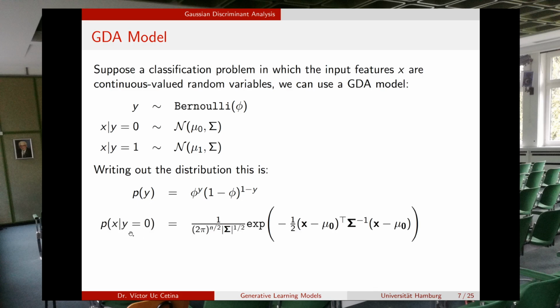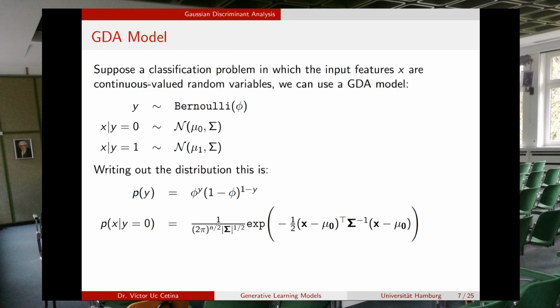In the case of the conditional, given that y equals 0, we can simply write the Gaussian formula, specifying that each of the points that you will evaluate here will be a vector, and you will subtract the mean mu 0, because we are talking about the label 0 here. Here we have our only covariance matrix, and again here we see the mean vector for label 0, so this is when we're talking about dogs.